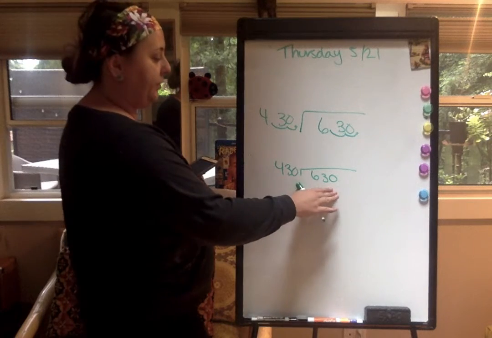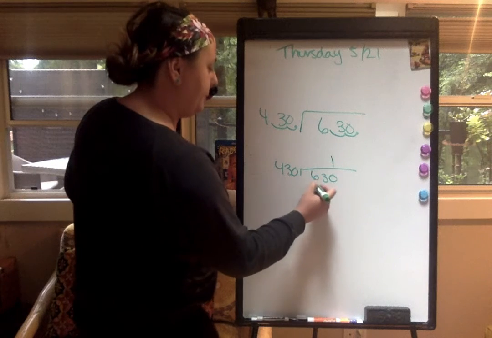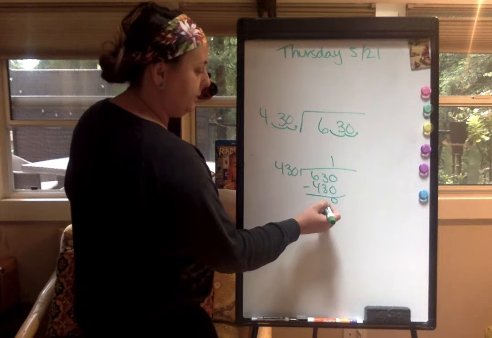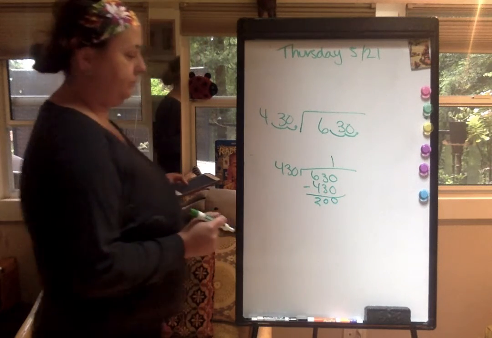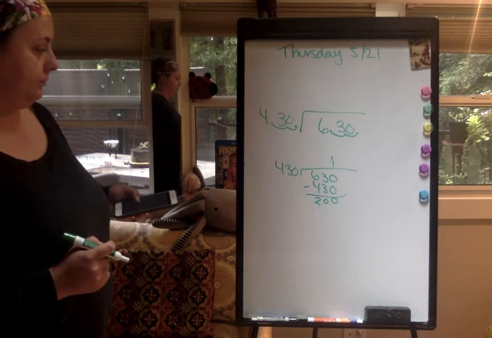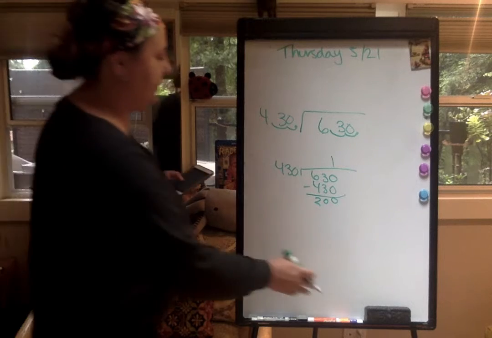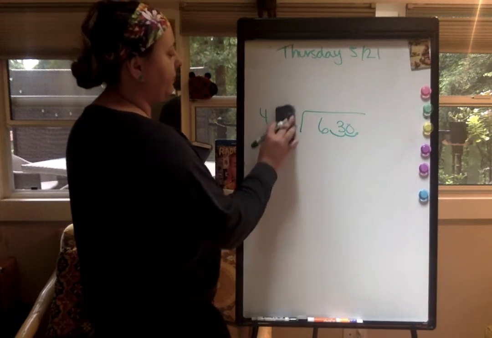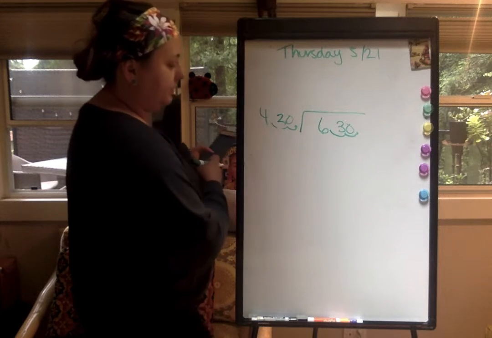Now, 430 goes into 630 one time. Hold on. Oh, it's because I wrote the problem wrong. Okay. One more time. This is 420 per pound. I knew it looked wrong.